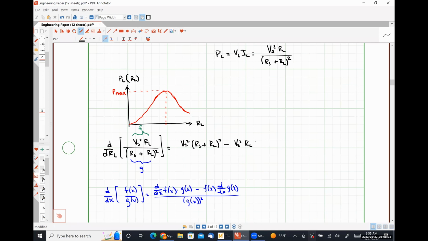What's the derivative of RS plus RL squared? Right, so that's taking the derivative of the inside and then chain ruling it. Did I do that calculus right, or did I screw it up? What's G squared?